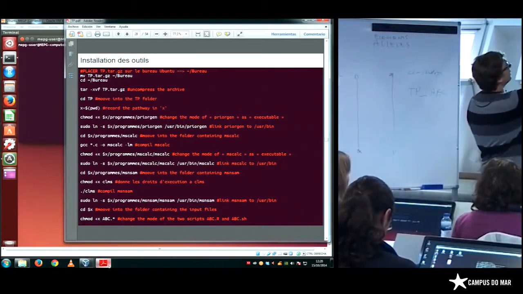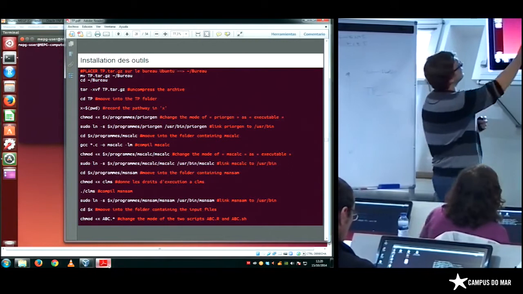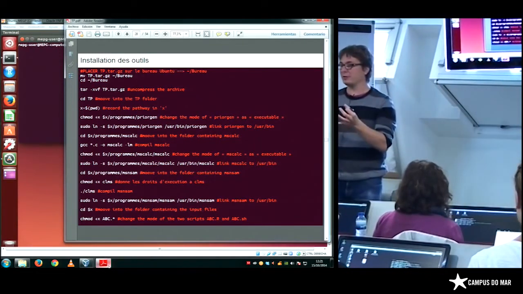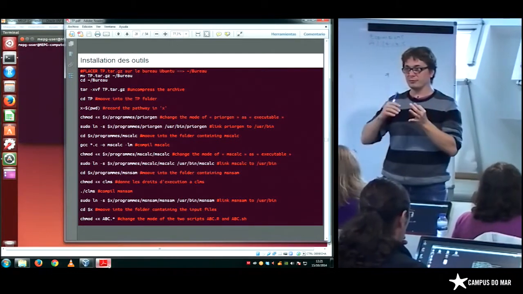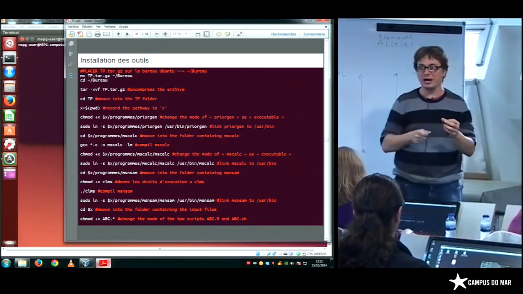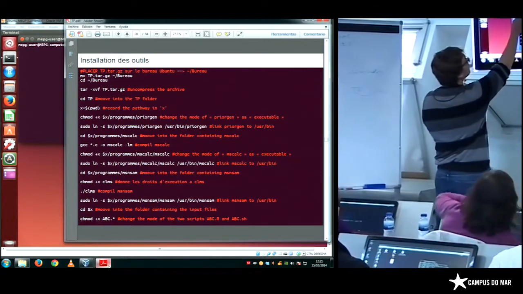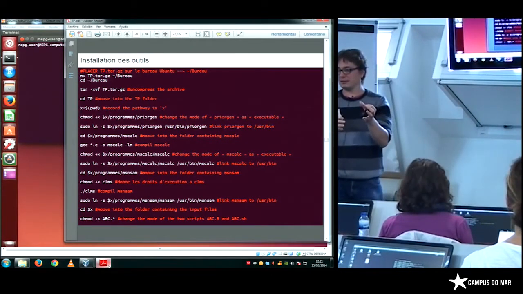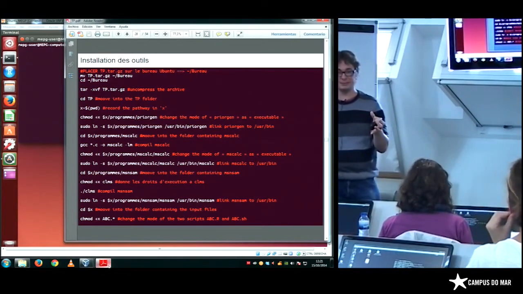So the second line is a useful trick. It's just to record the pathway in a variable which is x. It's because now we won't have to take care in which folder we are. We have the pathway recorded in the variable x. The pathway that goes to the folder TP-ABC.